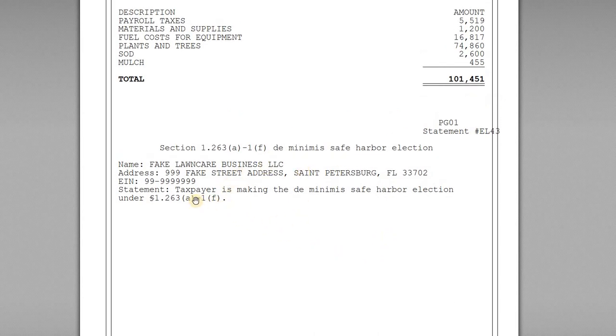So you have to file a statement that says the taxpayer is making this de minimis safe harbor election under Treasury Reg Section 1.263(a)-1(f), right? So if you decide that you're going to deduct those costs currently, make sure you attach the election statement.